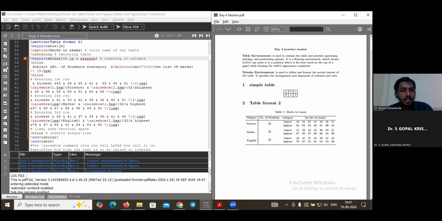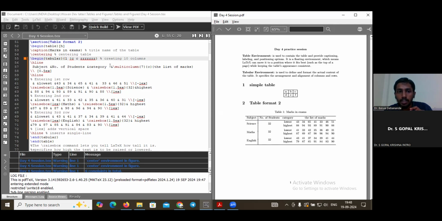Now we will start the table. For the first line, I have to write \hline. For the second row, how will I start? You can see "Subject", then ampersand, which is the separation for the next column, "Number of students". For the third one, again ampersand and "Category".